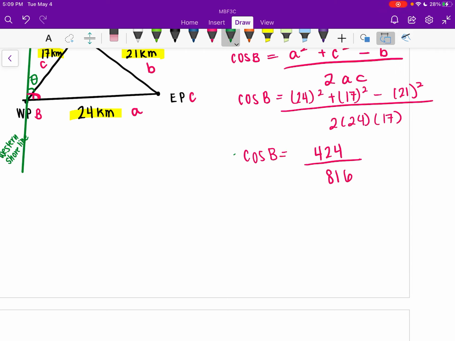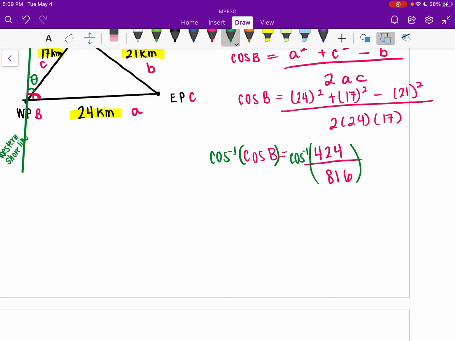And you want to get rid of this cosine here, so whatever you need to do, you need to do the opposite. So the opposite of cosine is inverse cosine. So you're going to do inverse cosine 424 over 816. I like to just put it all in as a bracket.